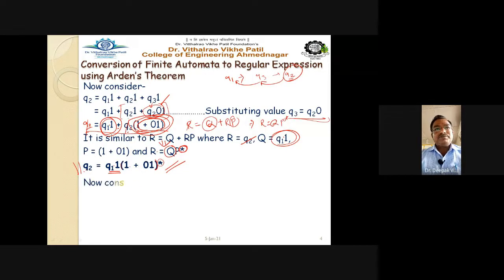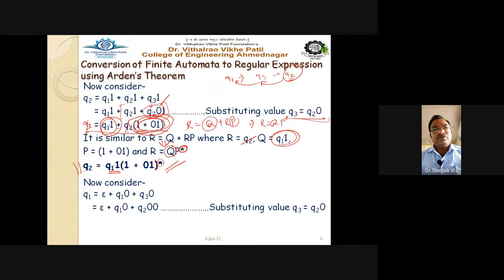Now consider the equation Q1. So here epsilon plus Q1.0 plus Q3.0, that is equal to again epsilon plus Q1.0 plus now Q3. Replace this Q3 again. Q2.0 is the value of Q3.0, right? Then again further solving it. So what is the value of Q2?